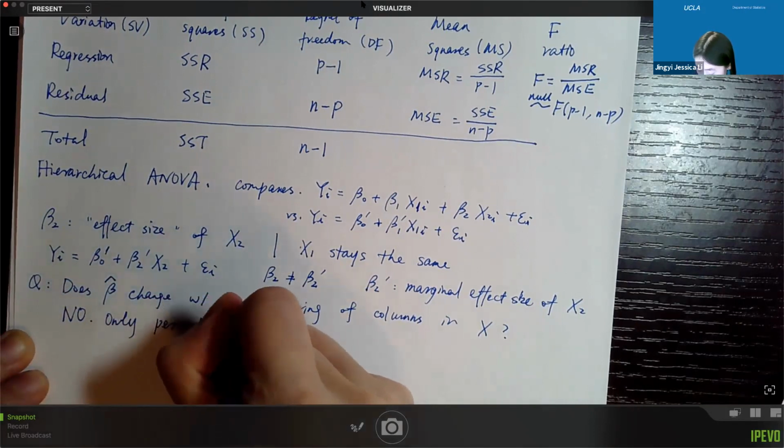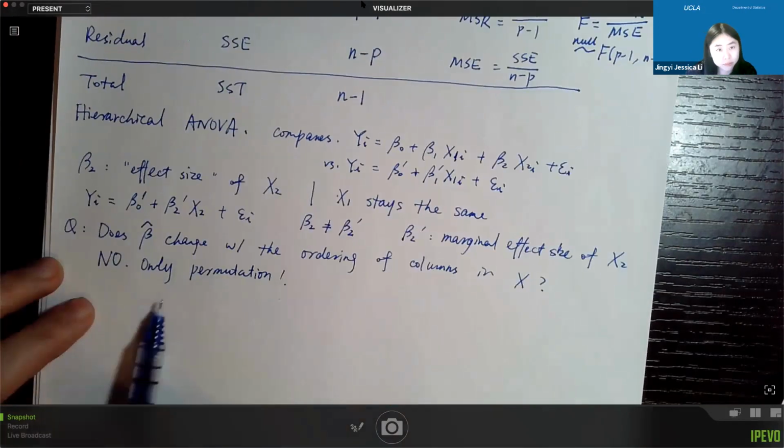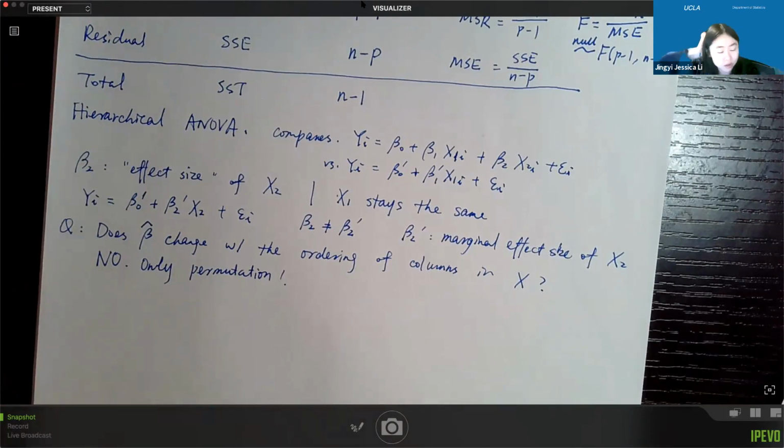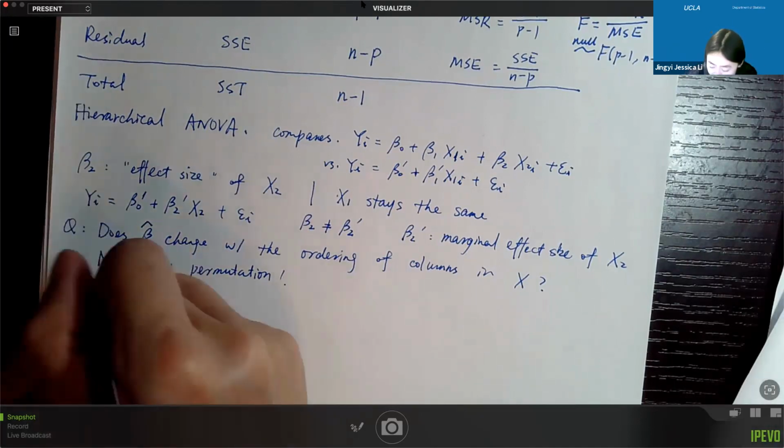This is a thing to keep in mind. It's a very important property in the linear model. That means you do not need to care about the order of the predictors in your model. And as related content, you may want to check out recent work regarding the interpretation of black box prediction algorithms like random forest and XGBoost.